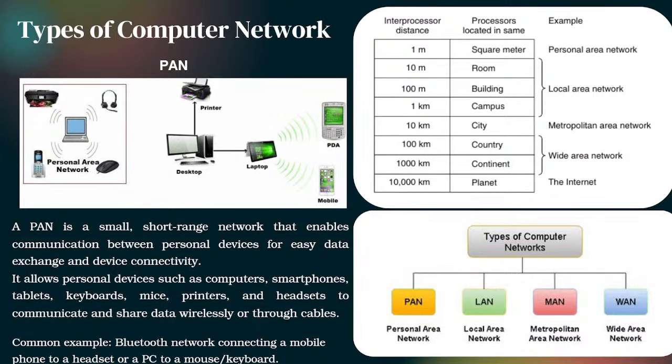So here a PAN is a small short range network that enables communication between personal devices for easy data exchange and device connectivity. Also it allows personal devices like computers, smartphones, tablets, keyboard, mouse, printers, and headset to communicate and share data wirelessly or through cables.